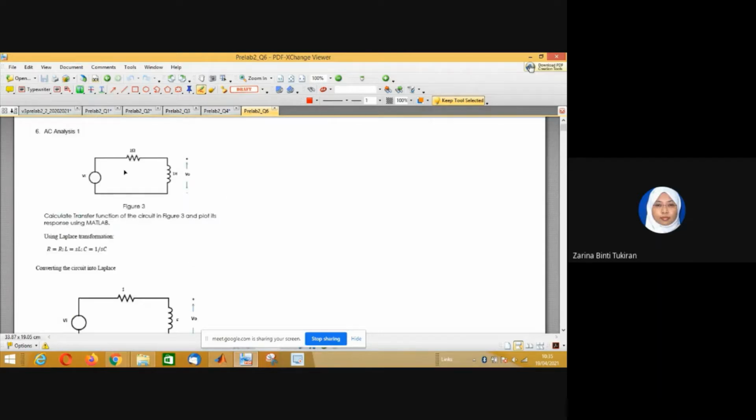The requirement of this program states that you are given a figure. It states that this one can be solved by using Laplace transformation.